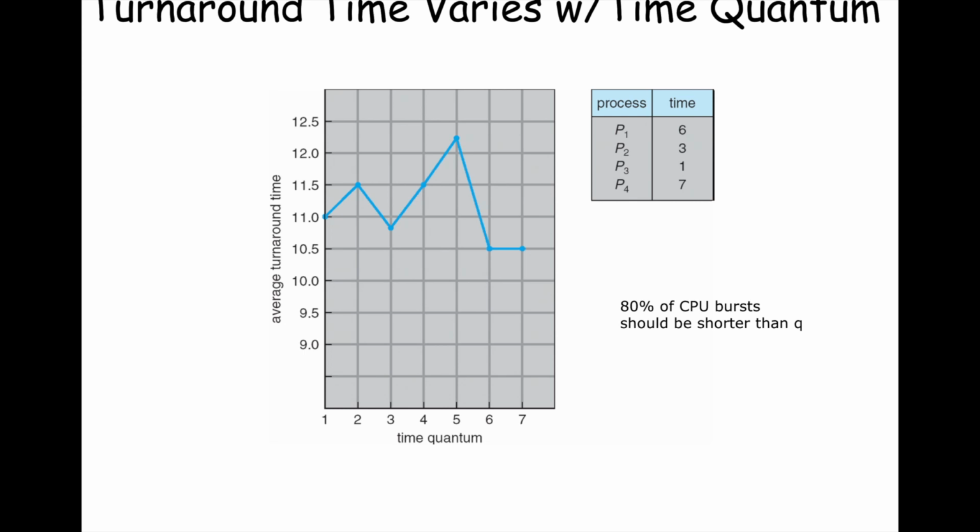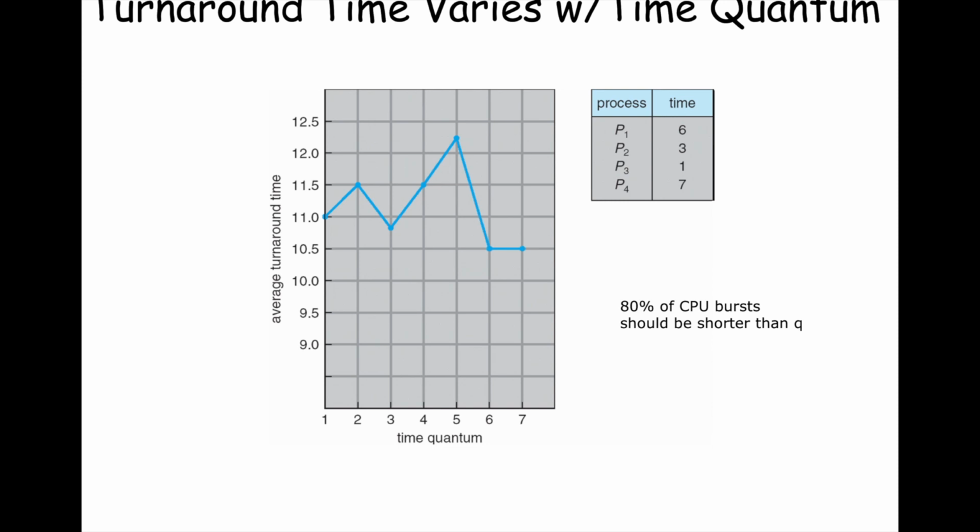And so that's just an illustration of the impact that the quantum size can have. And then all of a sudden, we go from 3 to 4 and things start to increase. Already at 3, we know P3 and P2 can complete in one quantum, and we know that P1 needs 2 quantums worth of time. But when we go from 3 to 4, that does not affect the number of quantums needed by P1 and P4.